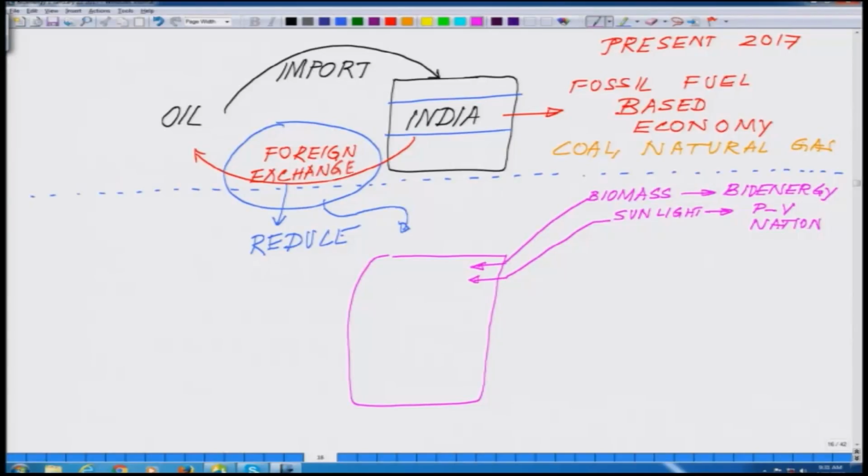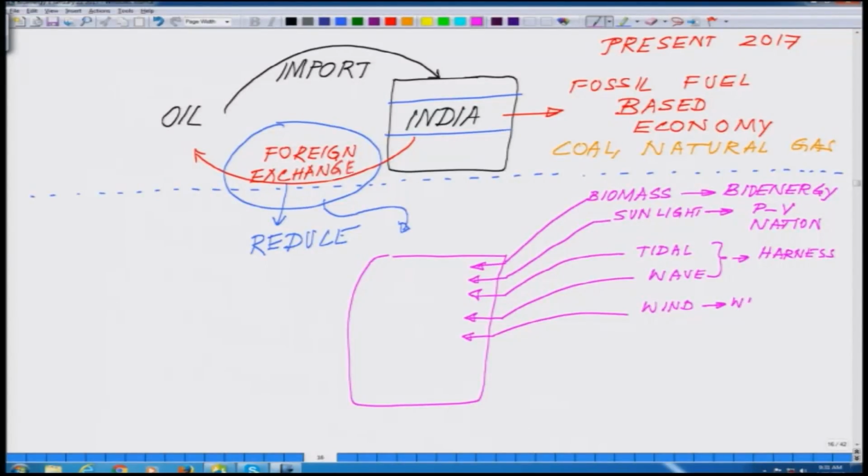We have solar cells, PV here stands for photovoltaics. We have a huge coastline which gives us tidal energy. We have waves. If you see the Bay of Bengal on one side, the Indian Ocean at the bottom and the Arabian Sea, you could harness energy from these movements. Then we have plenty of wind, which could be running the windmills.